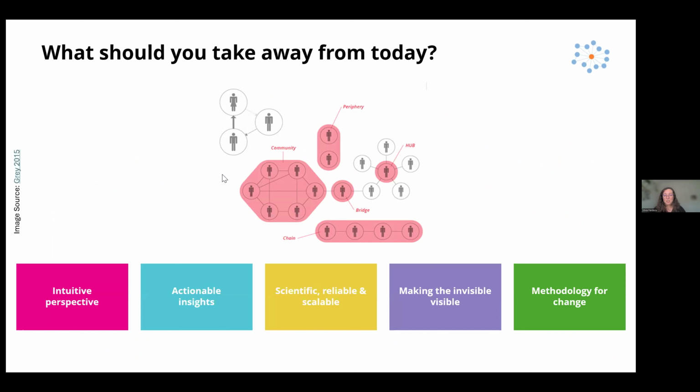It's a very intuitive perspective on how things happen, simply because most of the concepts that we social scientists are interested in are inherently network concepts like power, influence, communication, collaboration, trust. All of these are network concepts, and we can measure them. We have theories that talk to them and help us to understand, and we have a lot of data at our disposal that we can collect and look at.